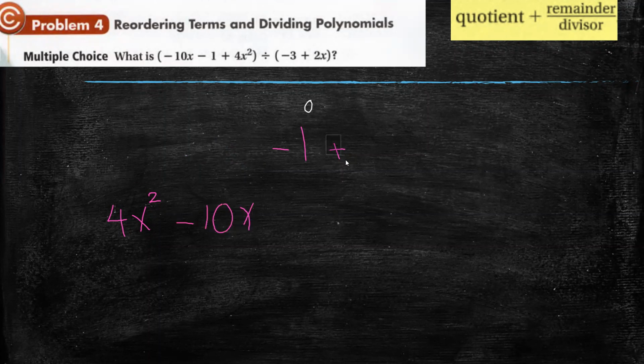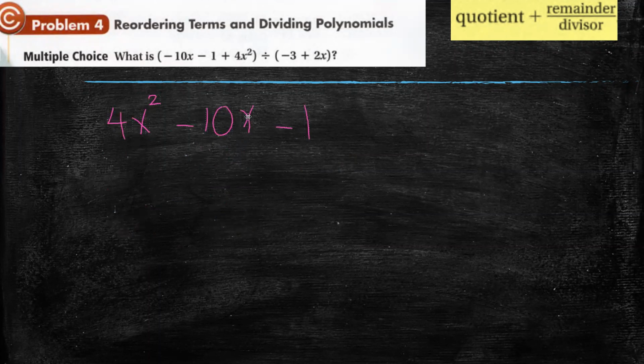Don't read the power. And here now, negative 1. So now I order it. After I order it, let's now divide it.